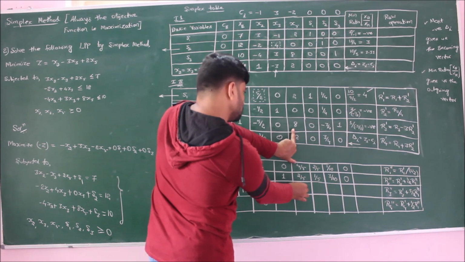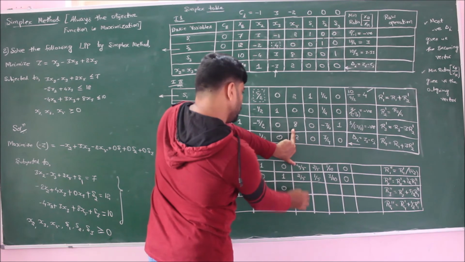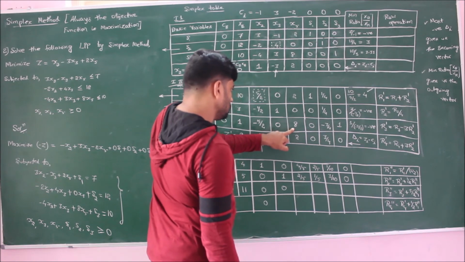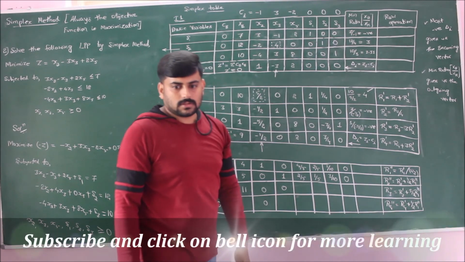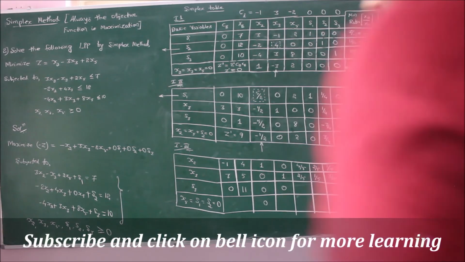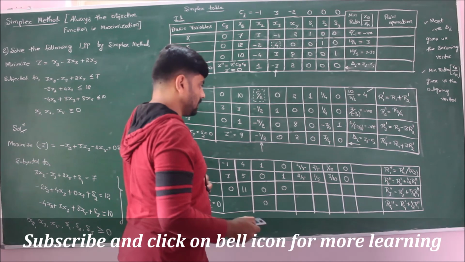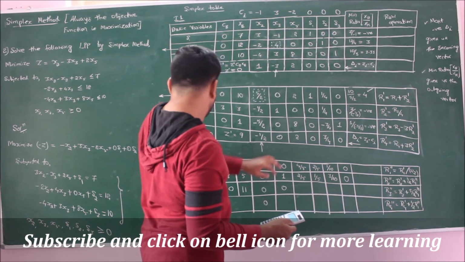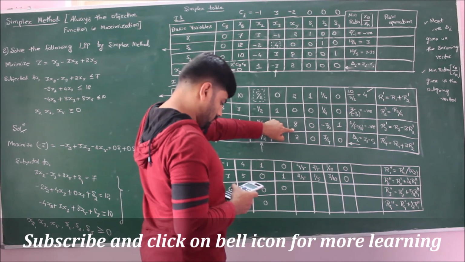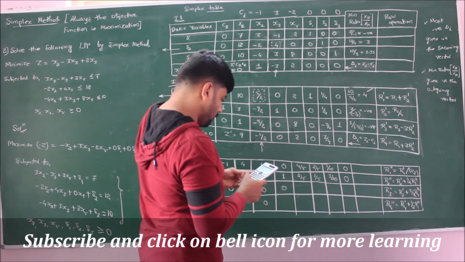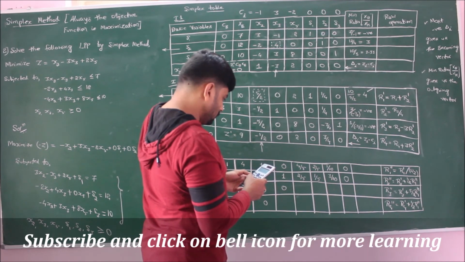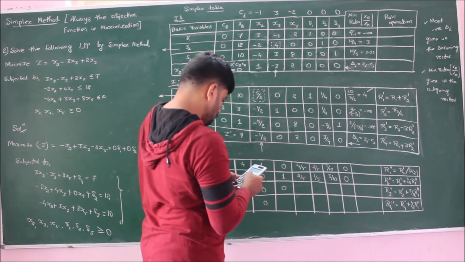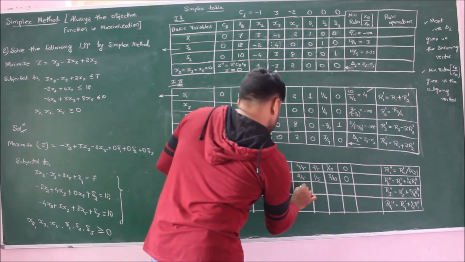Therefore 8 plus 5 by 2 into 4 by 5 will give us the value as, calculating here, 8 plus 5 by 2 into 4 by 5, which is equal to 10.